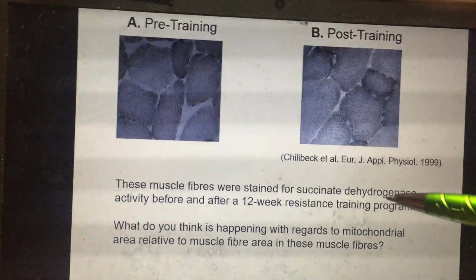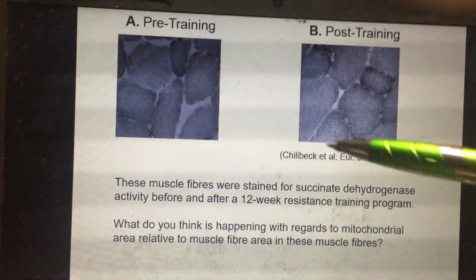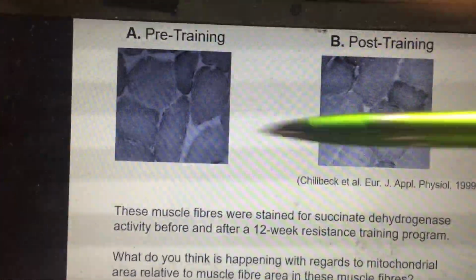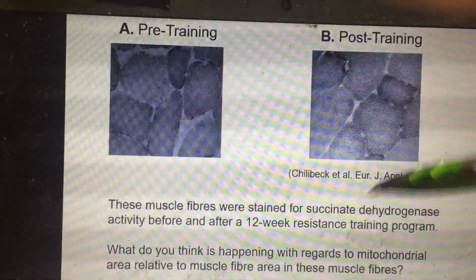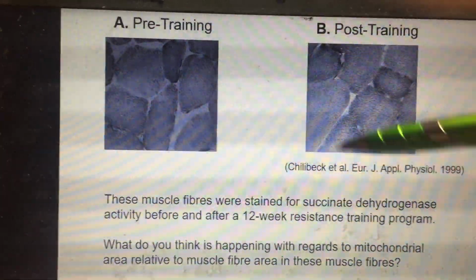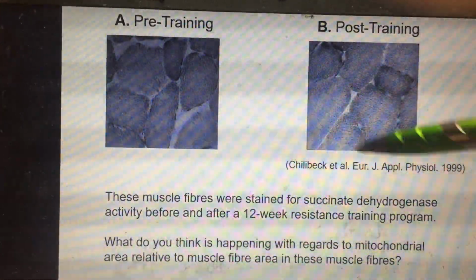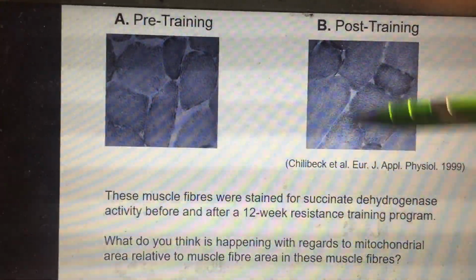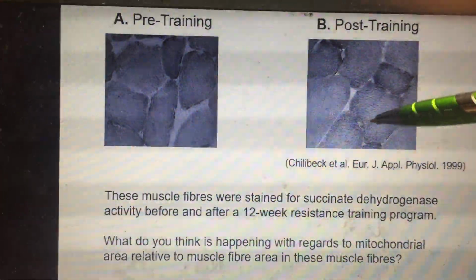You should know that that enzyme is part of the Krebs cycle, so it's a mitochondrial enzyme, and you can see that the stain is lighter with the bigger fibers after the strength training. So what's happening with the strength training is the muscle fibers are getting larger, and then the mitochondria have to serve a greater fiber area. So the mitochondria are getting more spaced out within the muscle fiber.